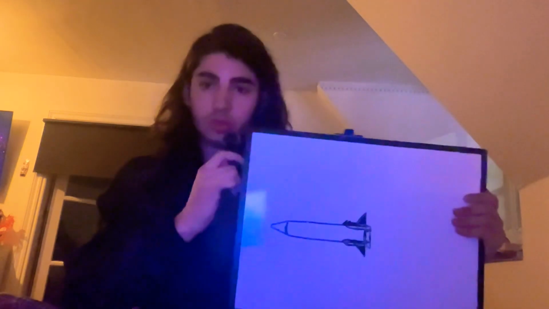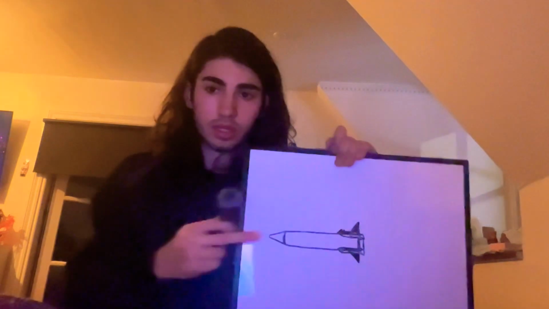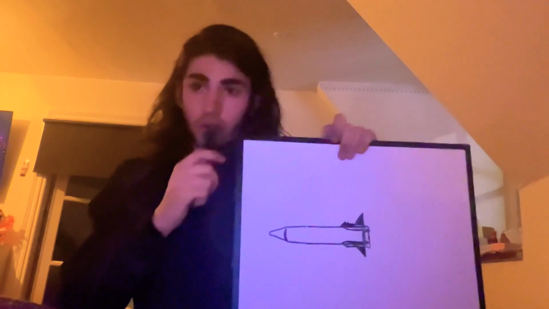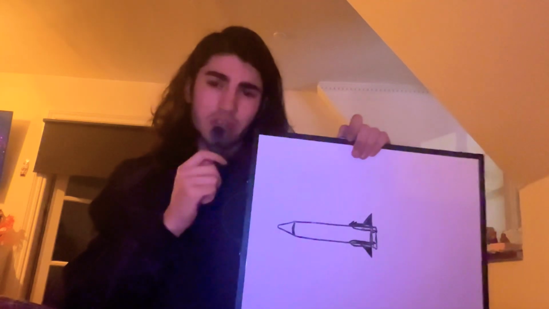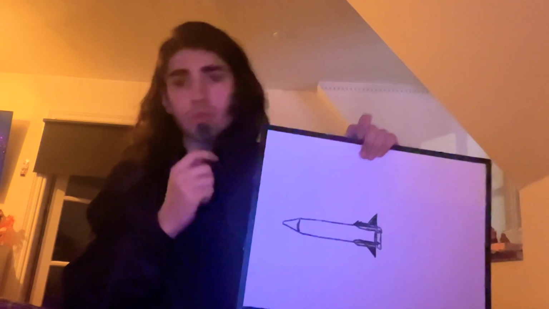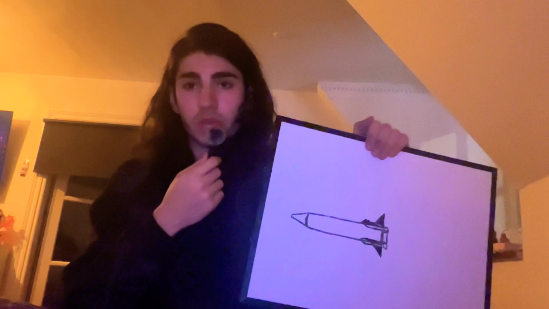So drag in this situation would be the force that's being exerted this direction, like the opposite of where it wants to go. How much is it being slowed down? That's it. That's just what drag is.